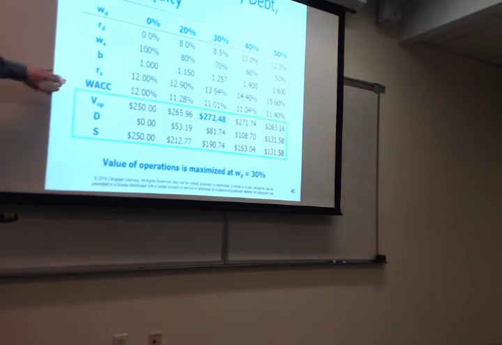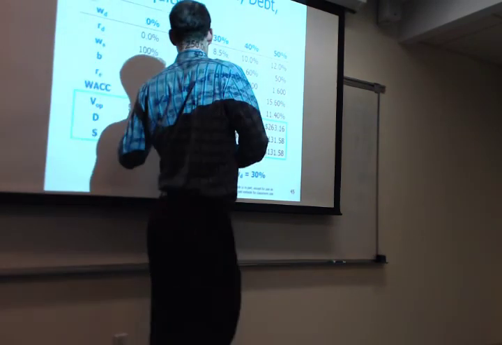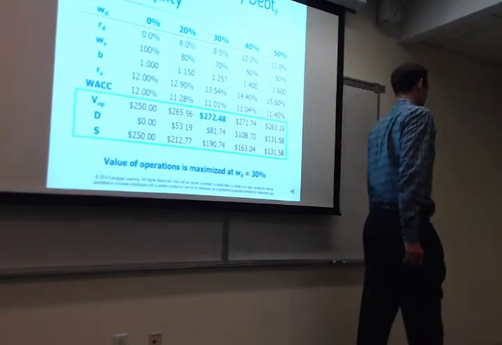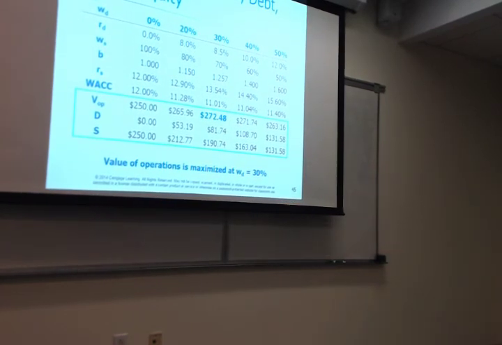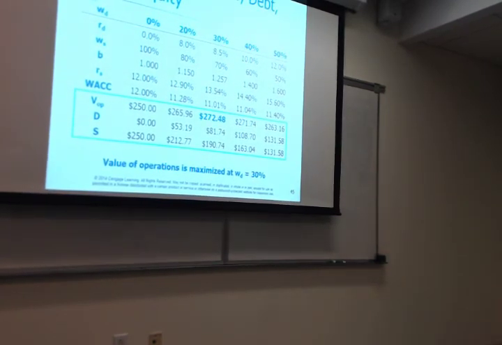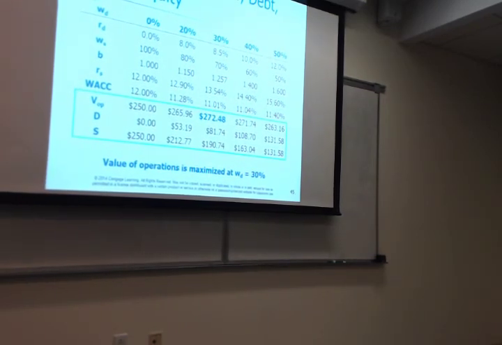Now, that brings us to the weighted average cost of capital. What is happening to those numbers as we go from left to right, and why? All right, decreases is wrong. What happened there? Did that decrease or increase?